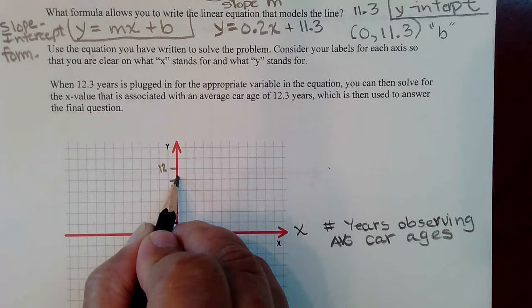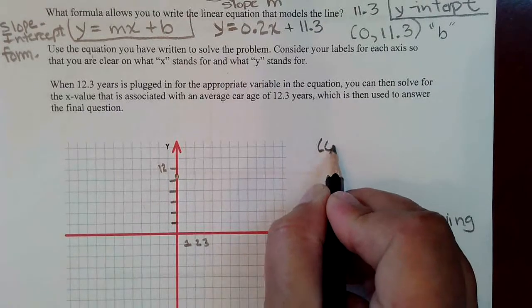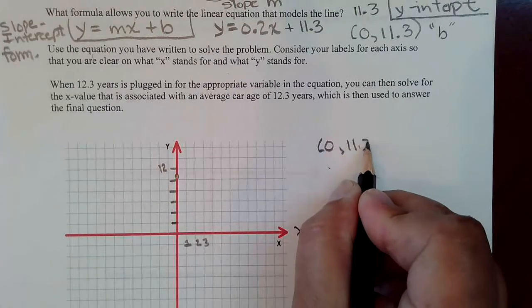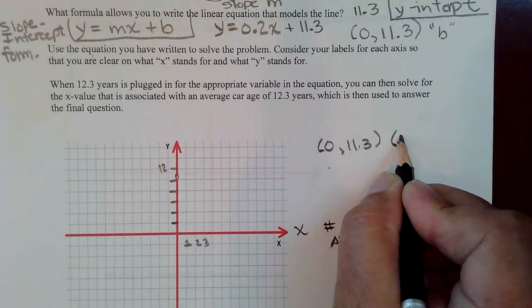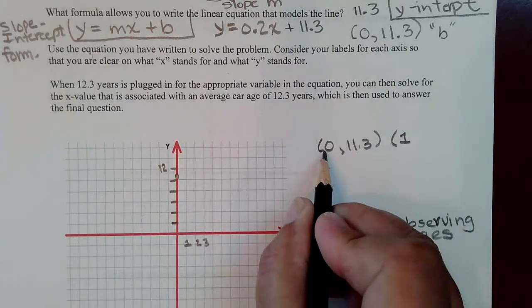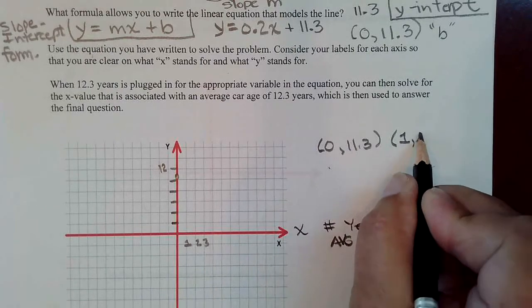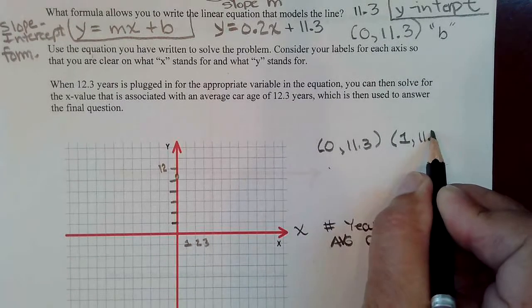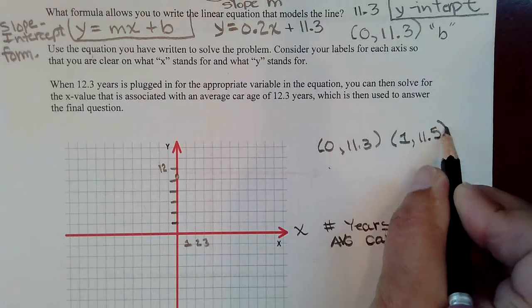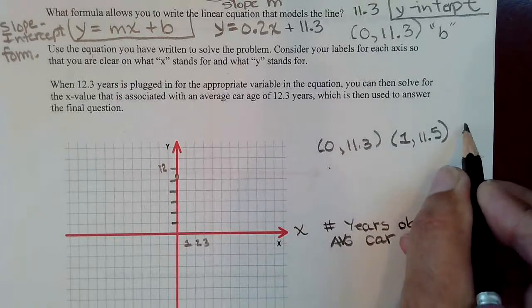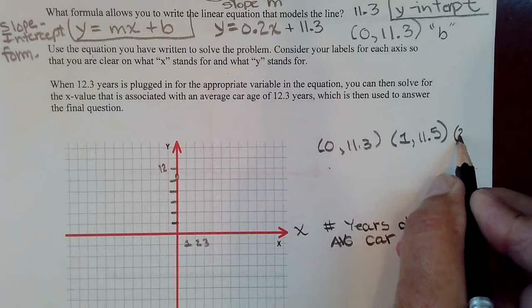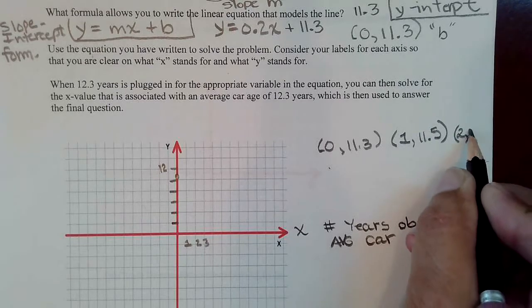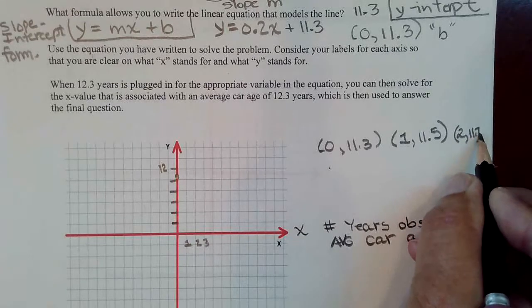So 11.3, let's just say it's right there. That was the first point. Then the next point, the years jumped from 0 to 1, and the y-coordinate jumped from 11.3 to 11.5 because we kept adding 0.2 to this. And then the third point was at 2 years, it was 11.7.